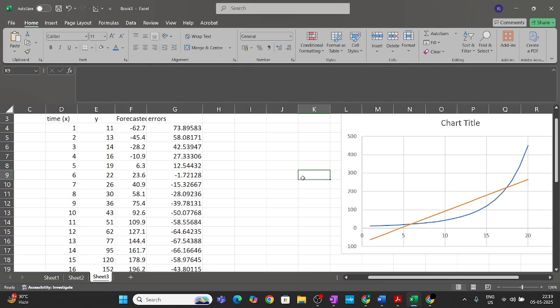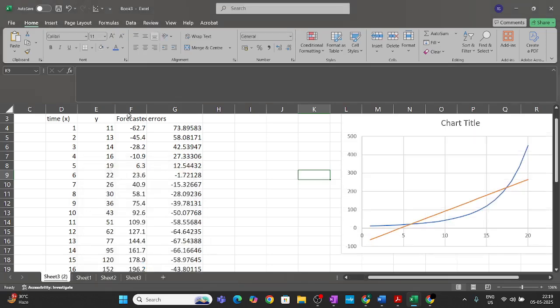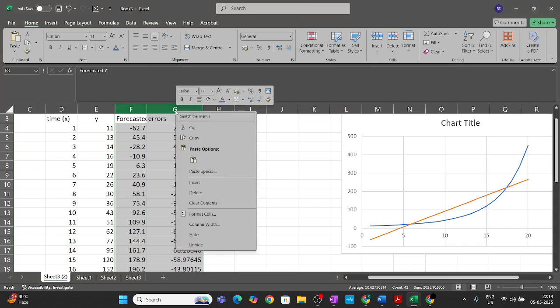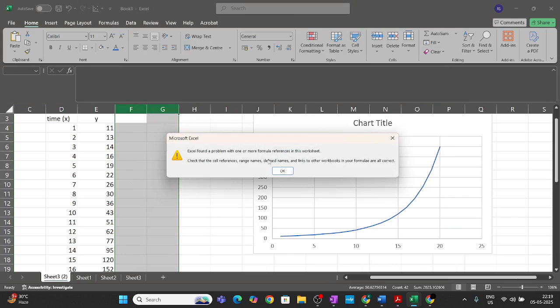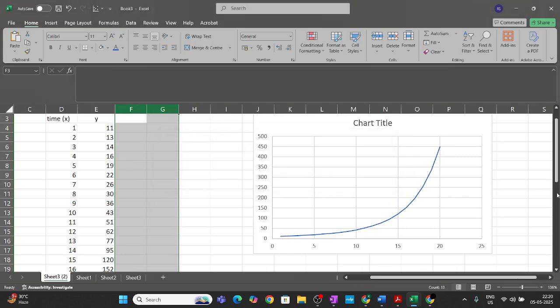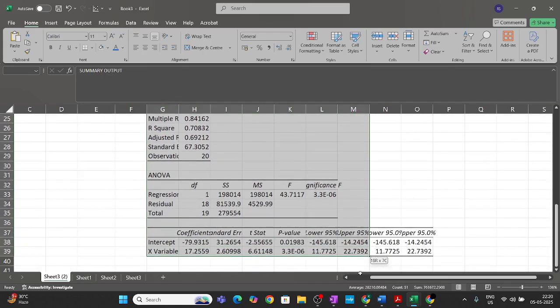तो अब हम लोग क्या करेंगे? So I'm just going to copy this sheet. So create a copy. ये सबको मैं delete कर रहा हूँ. Right? I'm going to delete all this also. काम का नहीं है.